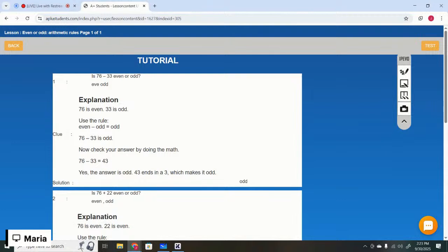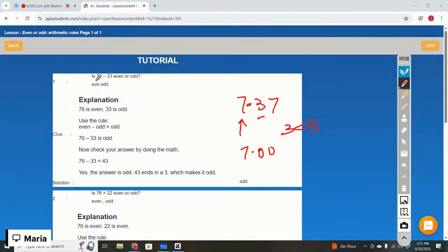Is 76 minus 33 even or odd? 76 is an even number and 33 is an odd number.